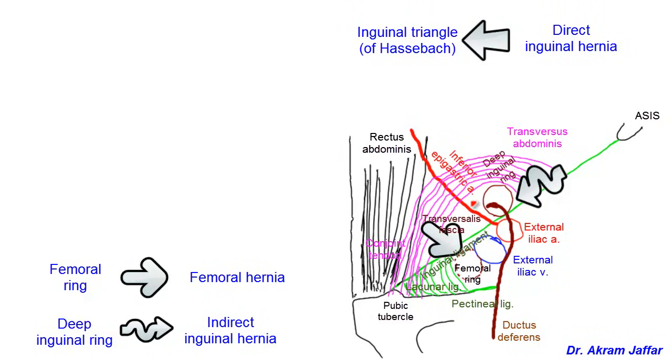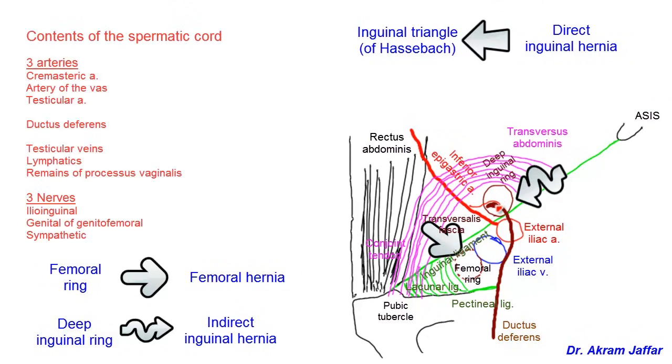The inferior epigastric artery supplies a small branch here that goes with the vas, and this is called the cremasteric artery. The vas, on its way from the abdomen into the inguinal region and the testis, is accompanied by another artery, which is a branch of the inferior vesical artery, and this is the artery of the vas or ductus deferens.